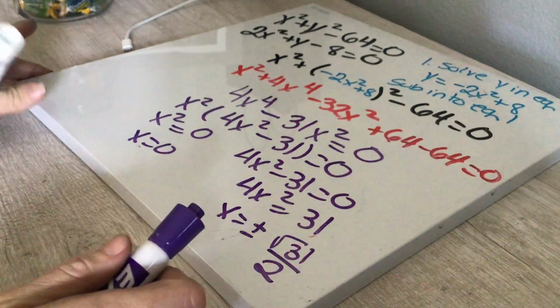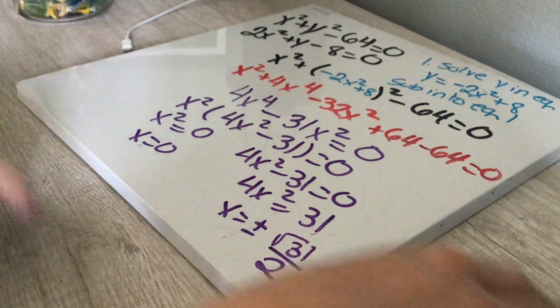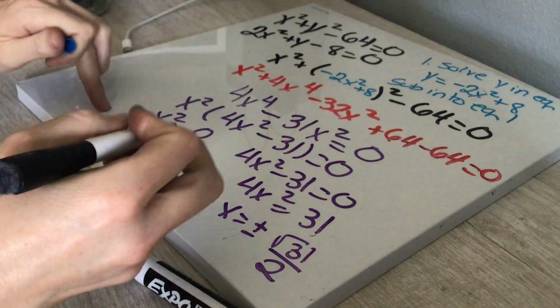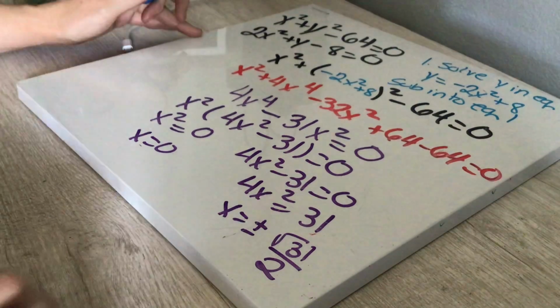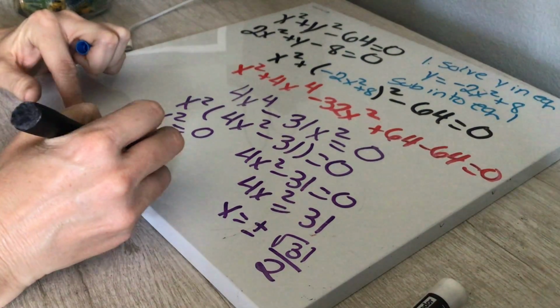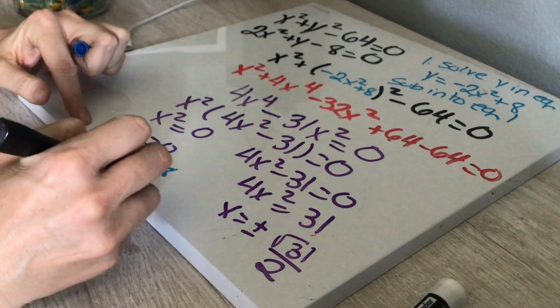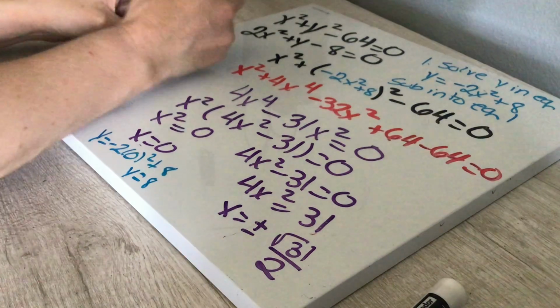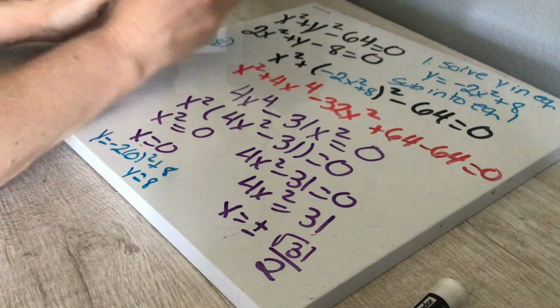Okay? Then for each x, you need to find y. So if x is 0, then y equals negative 2 times 0 squared plus 8. So y equals 8. Okay, so I get 0, 8 as one solution.